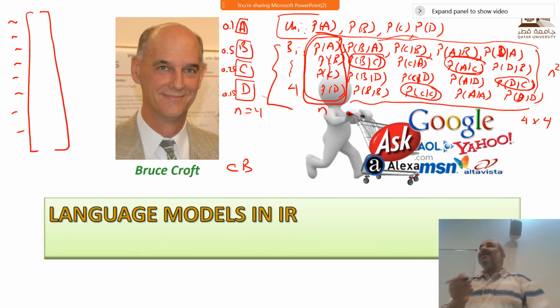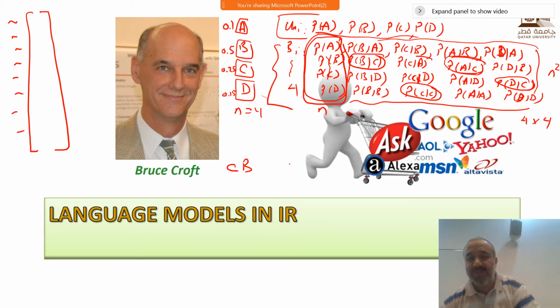It doesn't mean that I will select the highest, of course. Randomly, I will choose one, but most probably the highest probability to be chosen is B. That doesn't mean that I will choose B. It's random, right? But if I choose 100 times, 10% will be A, 50% will be B. That's the meaning of the probability, right?